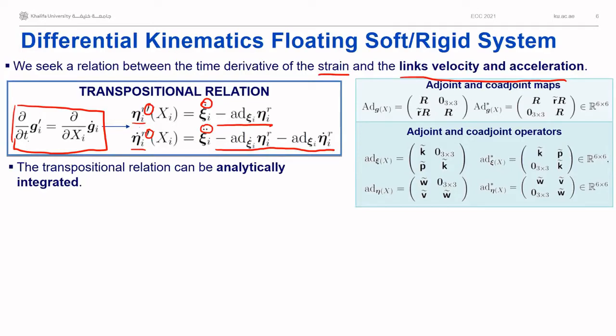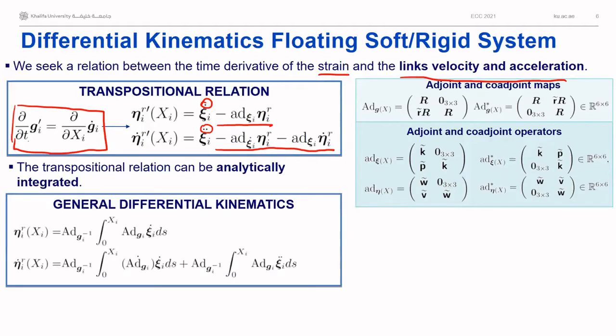Once again, those transpositional relations can be integrated in space. They are matrix differential equations, so they can be formally integrated. And this is the result of the integration, which is our differential kinematics, because it connects, again, the relative velocity and the relative acceleration with the time derivative of your coordinate, the strain.